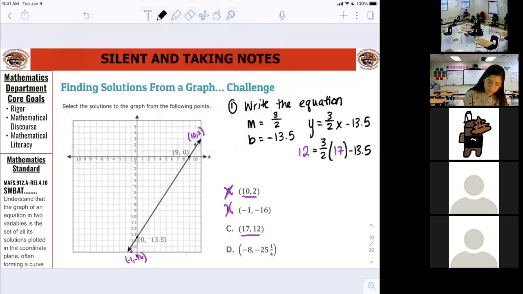If I'm correct, I believe this question was on the calculator portion of the test. So you could use a calculator because this is going to be a little bit tricky. But what do I get? 3 times 17. What is that? 51. So this is 51/2.